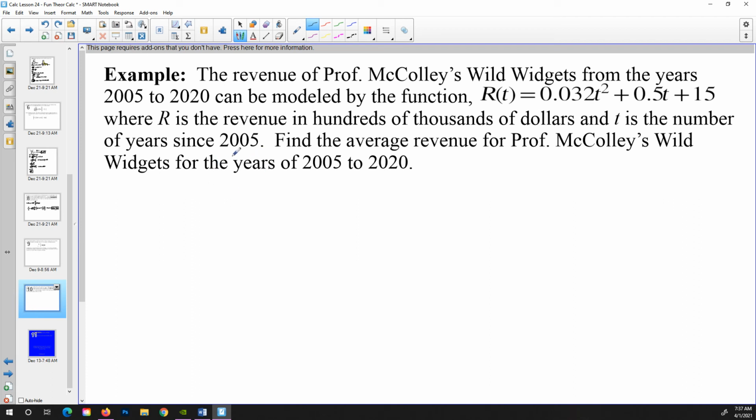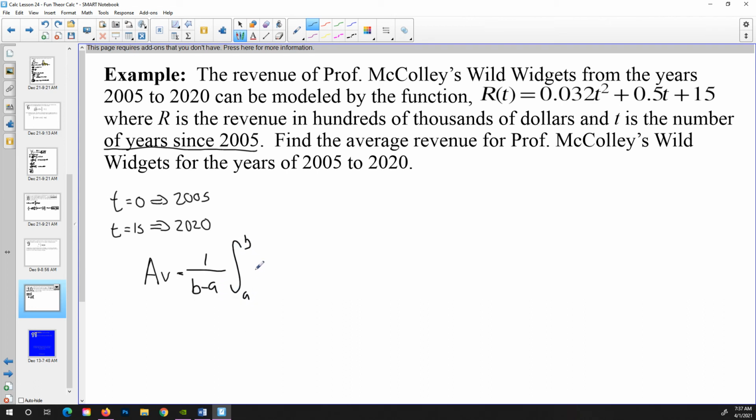Now, first thing we want to know is number of years since 2005. That tells us that t equal to 0 is represented by 2005, and then t equal to 15 will be representative of the year 2020. So the average value function is going to be 1 over b minus a times the integral from a to b of f of x dx.